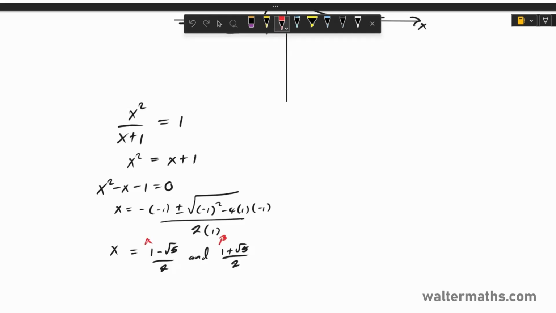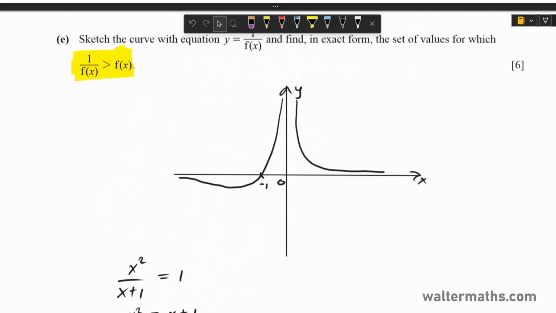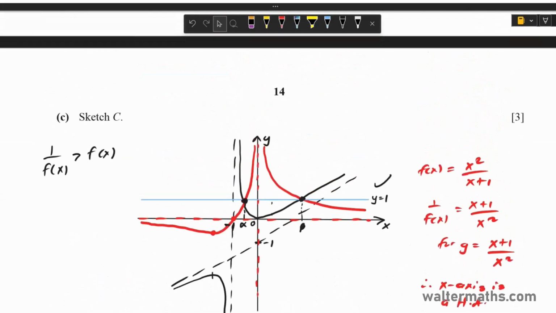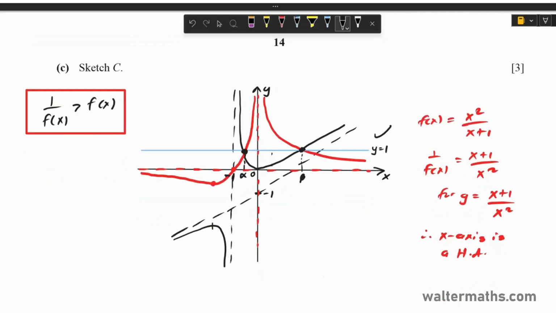Alright, so now that we have these two values, we can now solve the inequality. Okay, we can now solve this inequality. Alright, so you need to understand that the inequality says 1 over f of x is greater than f of x, which means, in other words, the graph in red, which is the reciprocal graph, is vertically above the graph in black, which is the original function.